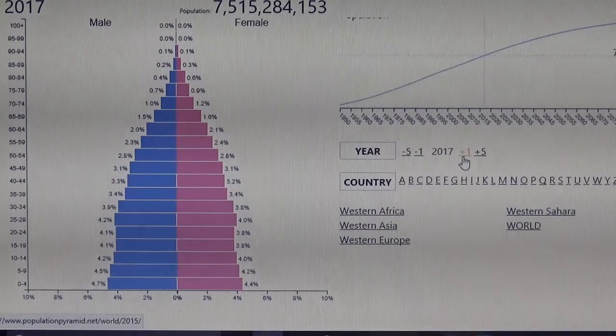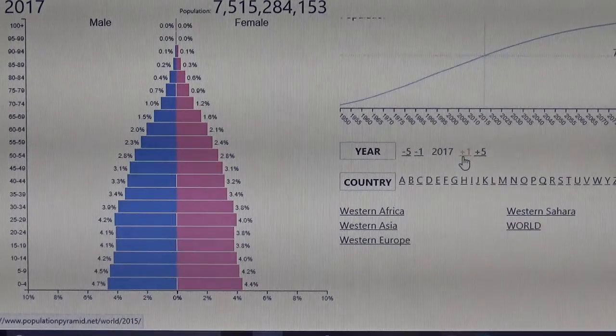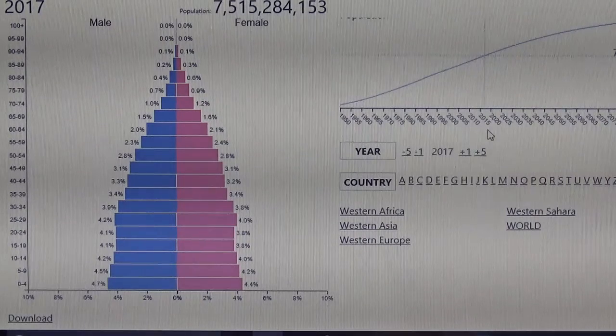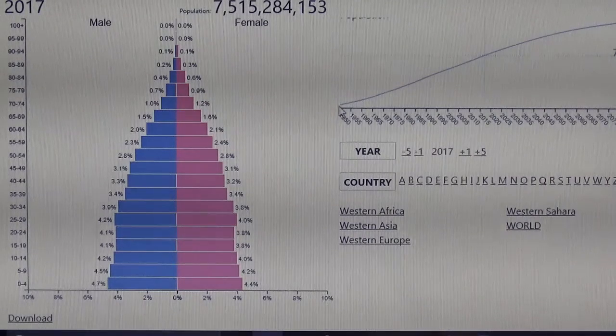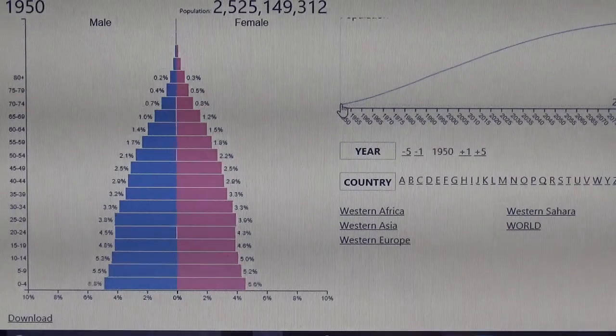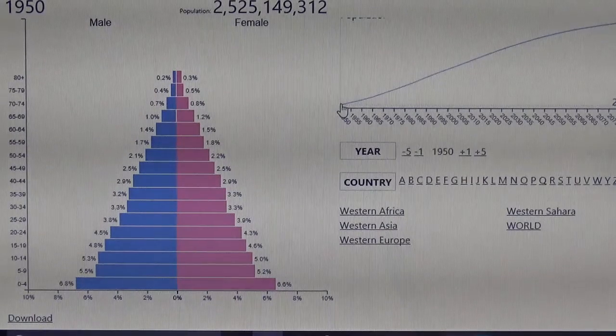And we can see that the population structure has changed substantially. This is what it looks like today, the population structure of the world. This is what it looked like in 1950.